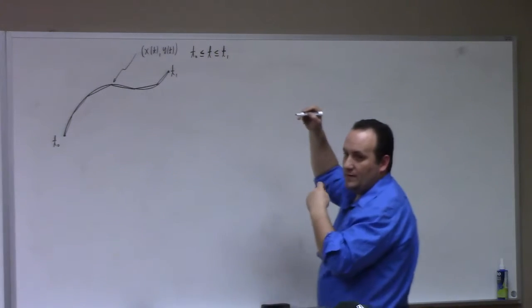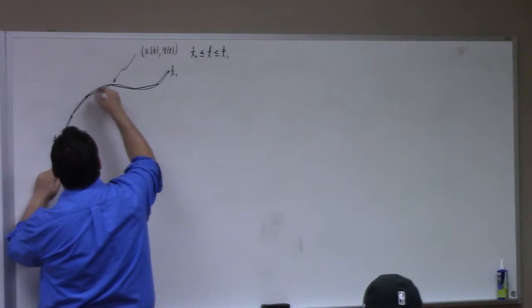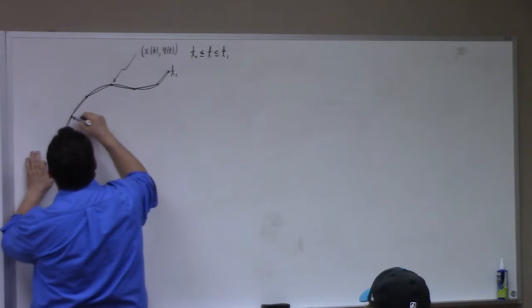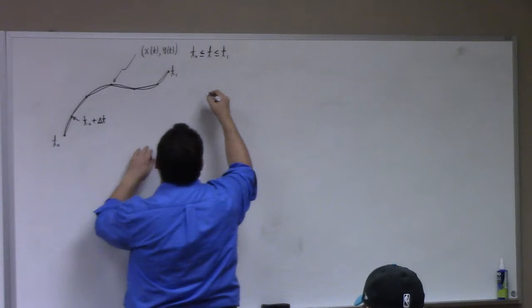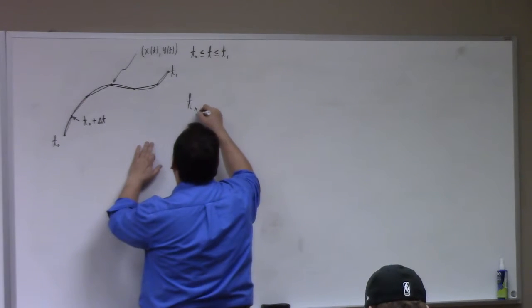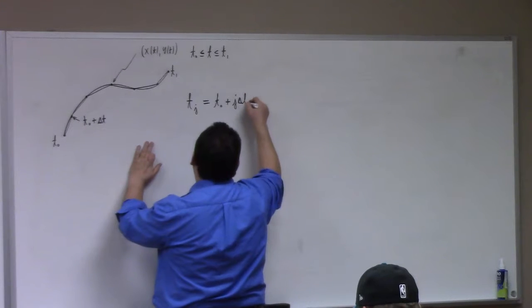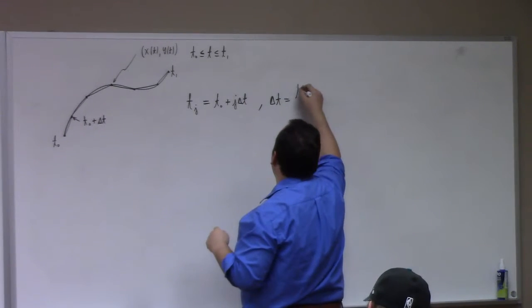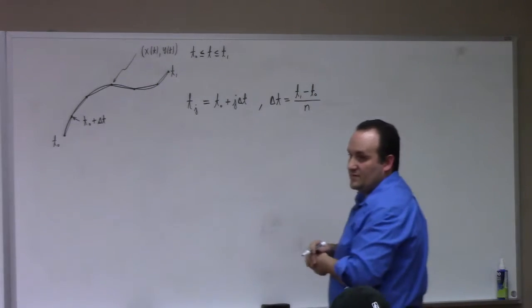These joining points: this is t naught, this is at t naught plus delta t. Let's suppose that the jth time interval is at t naught plus j delta t, where delta t is t1 minus t naught divided by the number of connecting line segments.